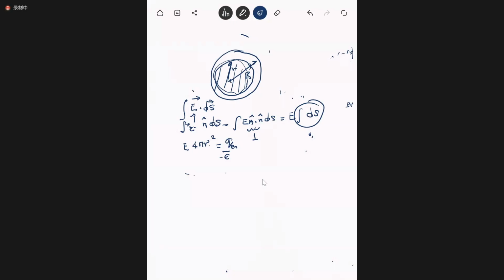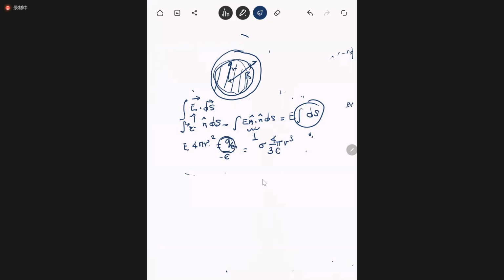If that's the case, again, Q should be the charge density times the volume of that sphere. And the volume of the sphere is 4/3 pi r cubed, right?